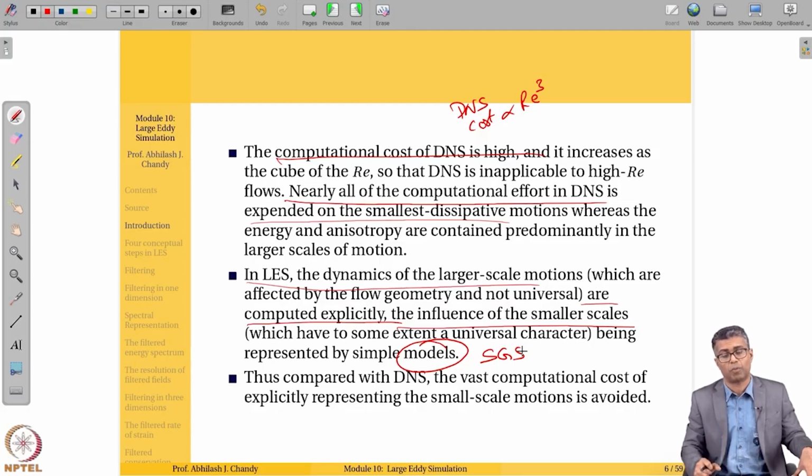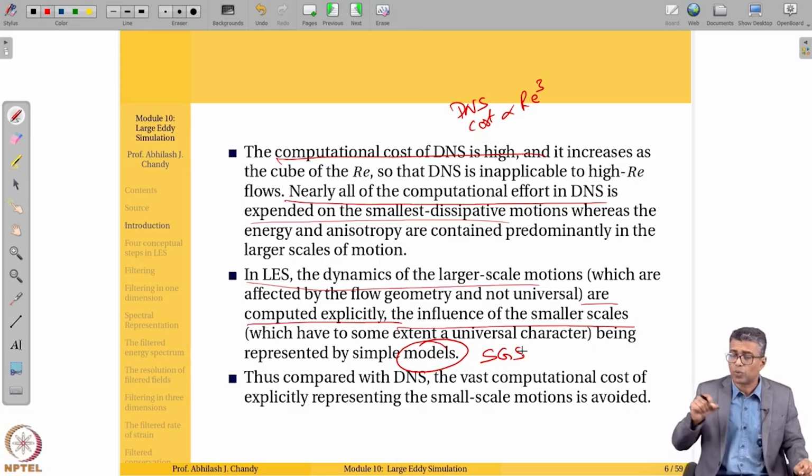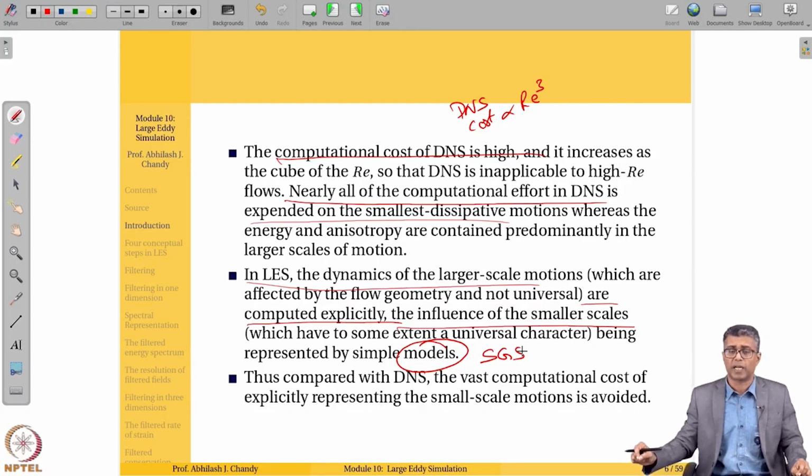That is where the subgrid scale model comes in. By doing all this, compared with DNS, you avoid the vast computational cost of resolving every length scale down to the smallest turbulent length scale like the Kolmogorov scale.